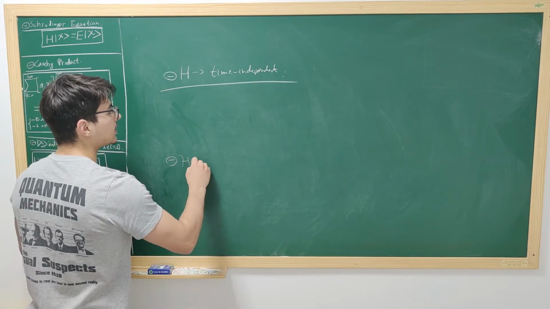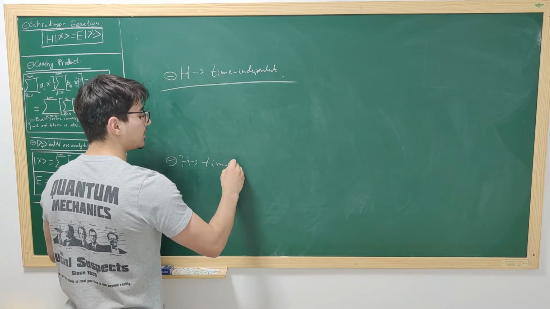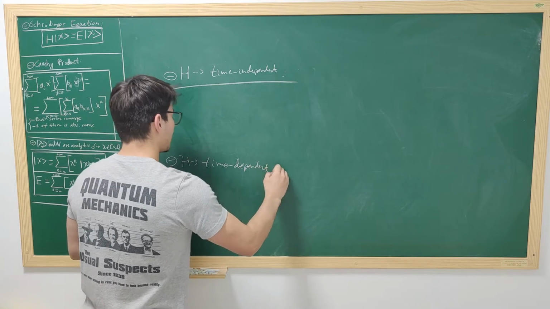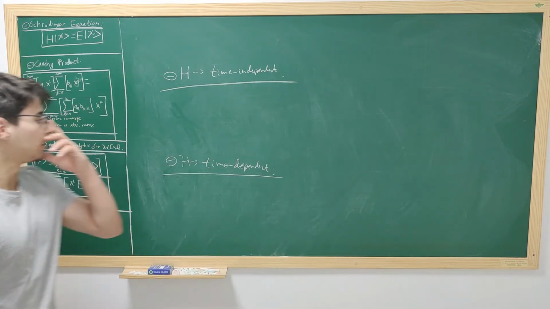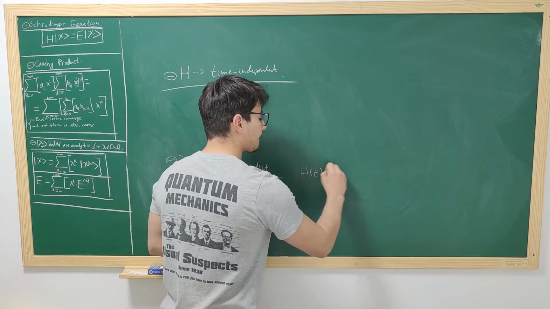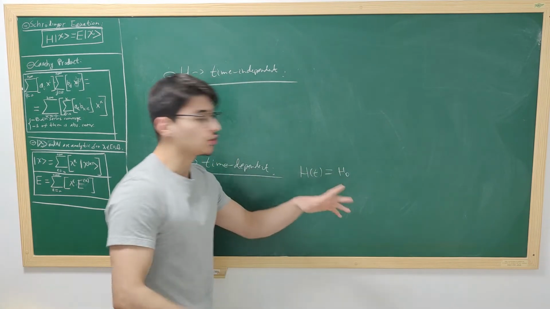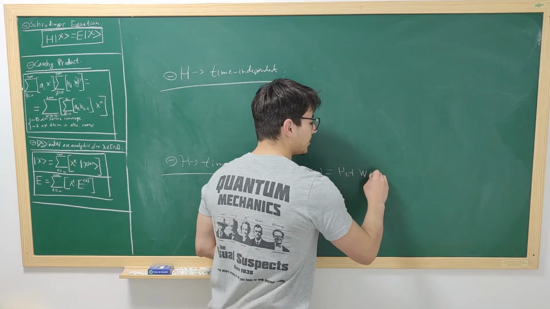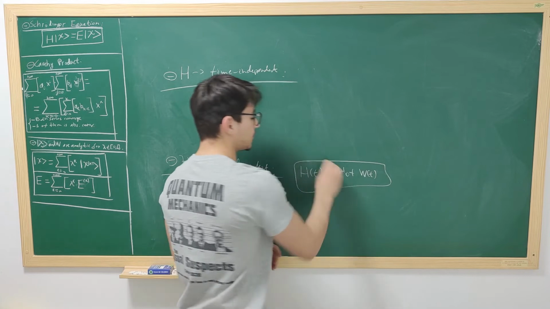And there's another case where we have some time dependency in the Hamiltonian. This case is a bit harder, and what we usually do is we assume that the time dependency is given by this: we have a time-independent H0 term, and the time dependency is in the perturbation.